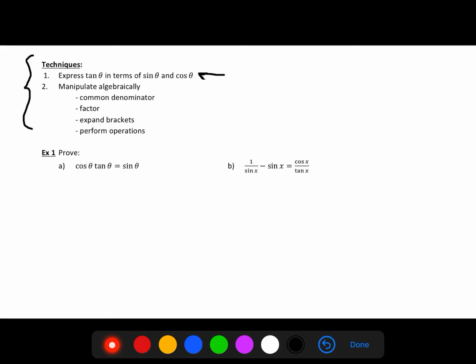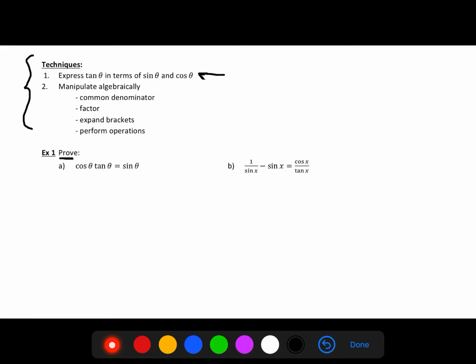We want to get all of our expressions in our simplest ratios, which are sine and cos. So if we have a tan theta or a tan squared theta, we're going to rewrite them as cos or sine. Then we can also manipulate algebraically by factoring, expanding brackets, performing operations, common denominators. So we want to look at where we need to get to and how we're going to get there.